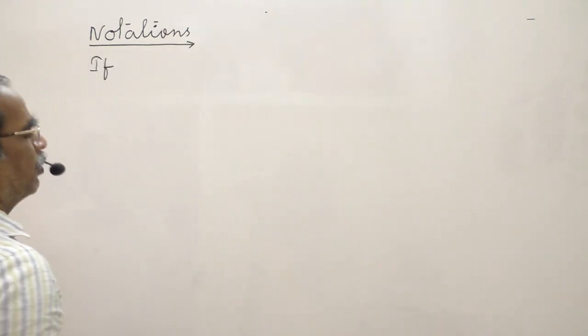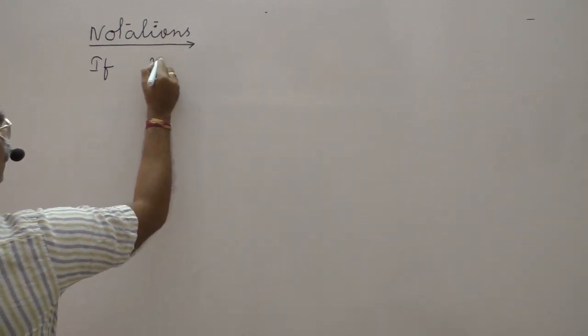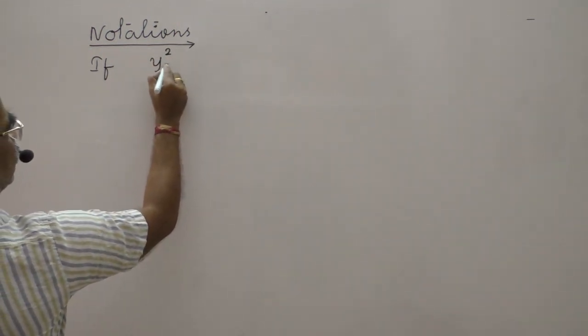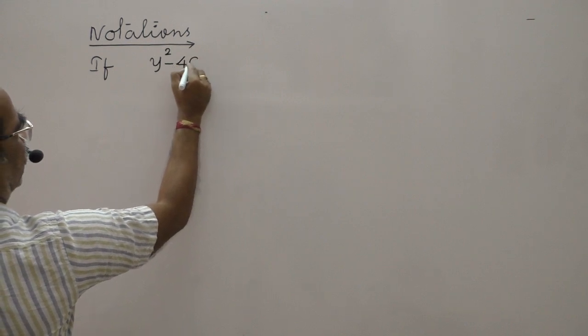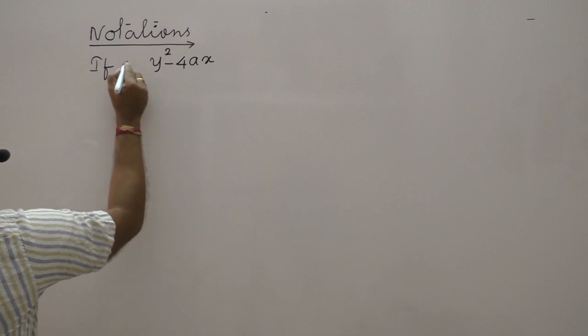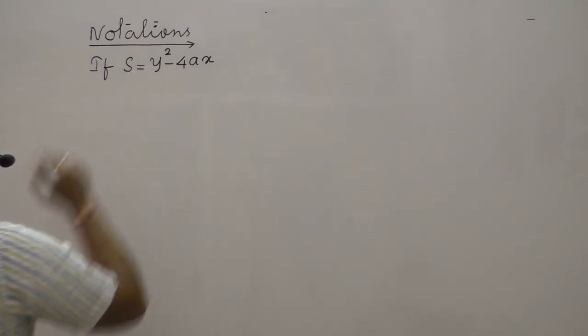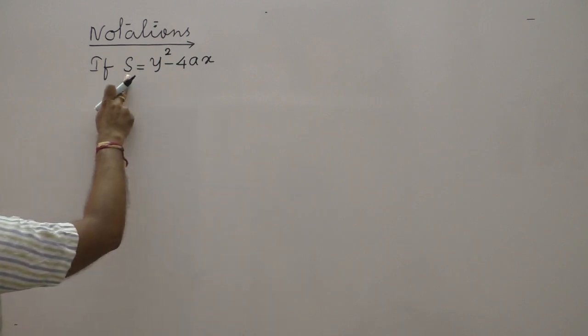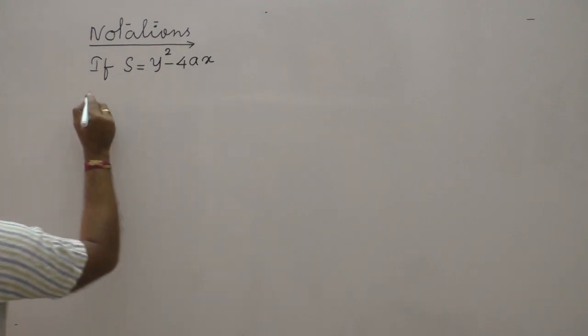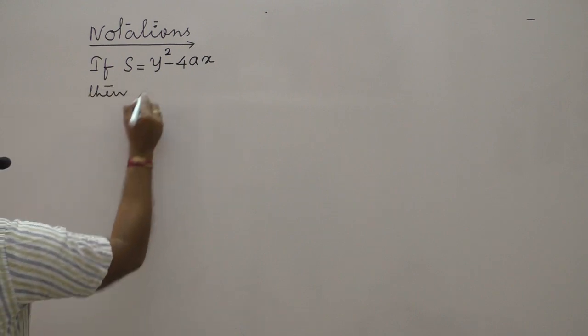So what is the parabola y square equal to 4ax? It can be written as y square minus 4ax equal to 0. In this equation, if I denote this by S, then we will adopt some notations.